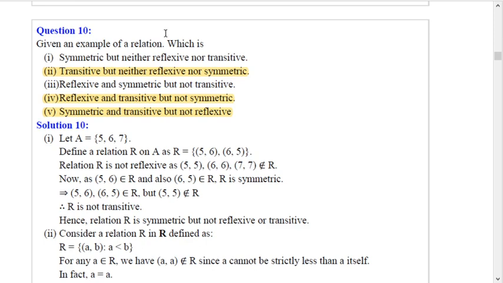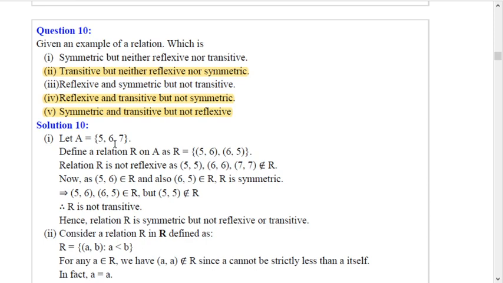Question number 10. Give an example of a relation which is symmetric but neither reflexive nor transitive. For symmetric, we have chosen here 5, 6, 7.